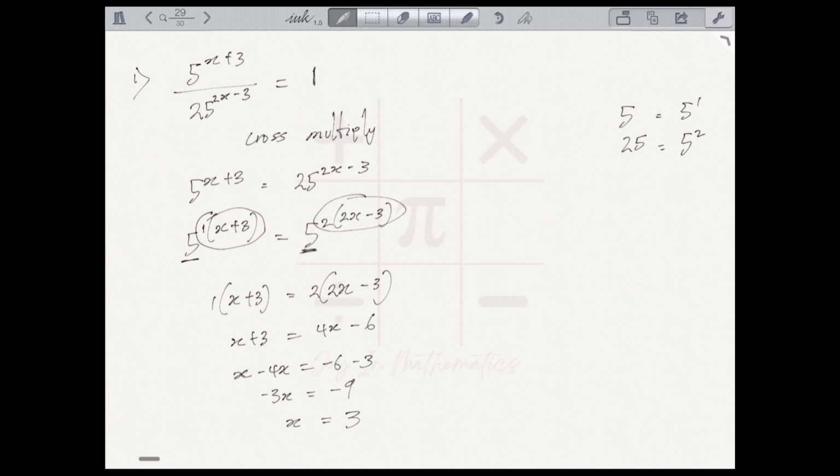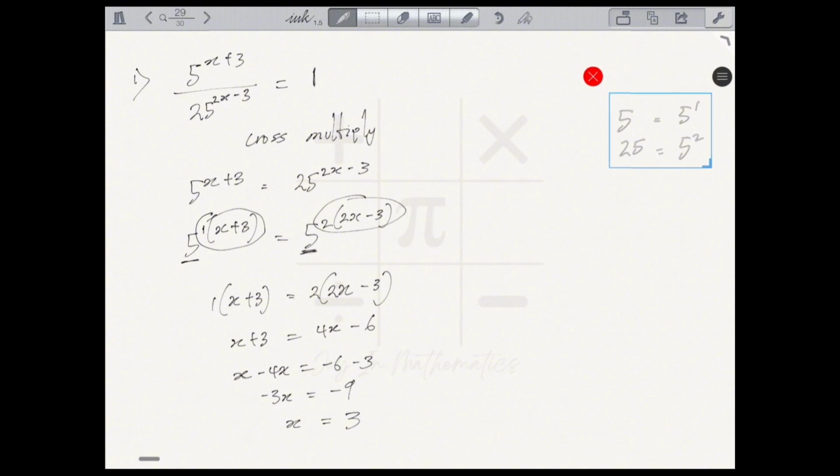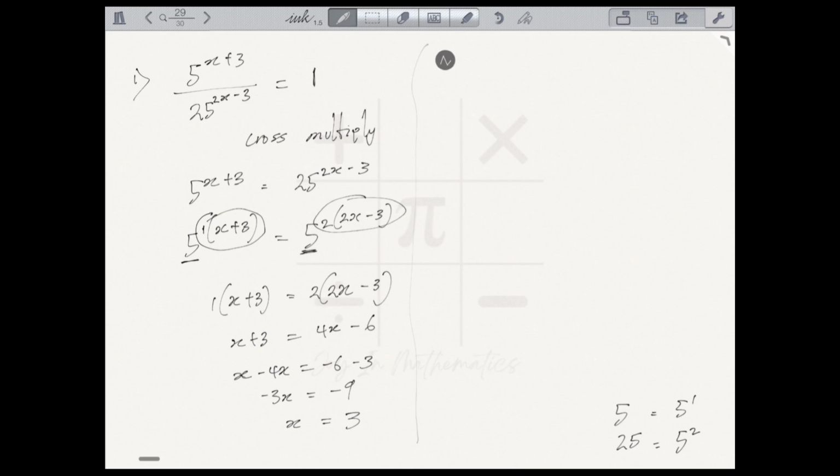Now this is just one way of solving this problem. Let's look at another way of solving it. What if I don't want to cross multiply? What if I just want to apply the laws of indices throughout? So I have 5^(x+3) divided by 25^(2x-3) is equal to 1.